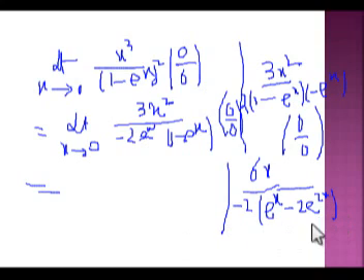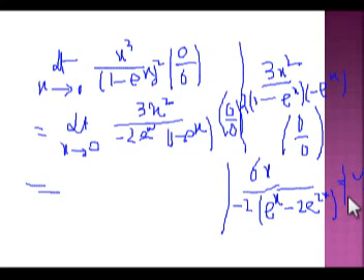Now you can look, the numerator is 0, and if you put 0 here, this is not a 0 by 0 form. So we will get the value.